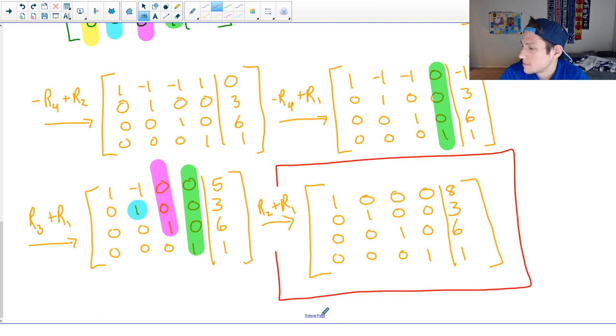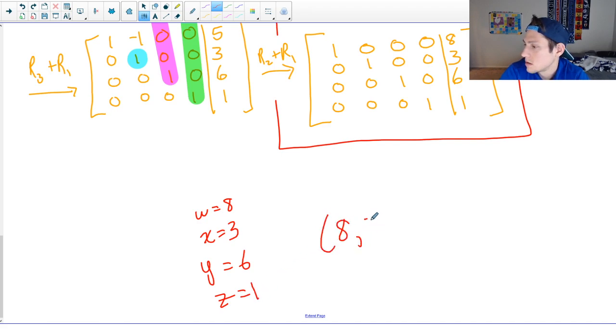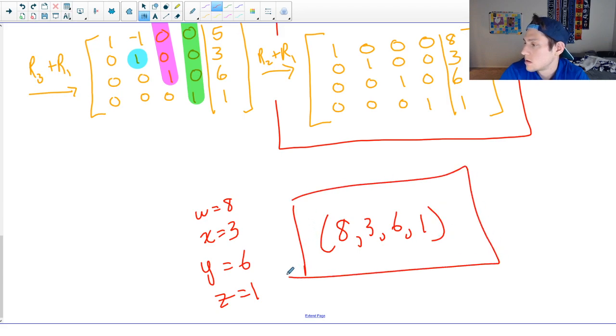We did it. So W equals 8, X equals 3, Y equals 6, Z equals 1. Eight, 3, 6, 1.